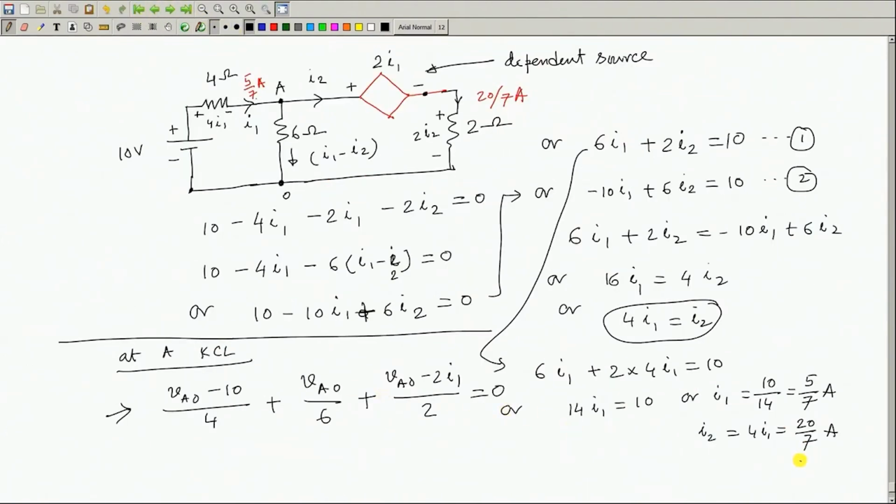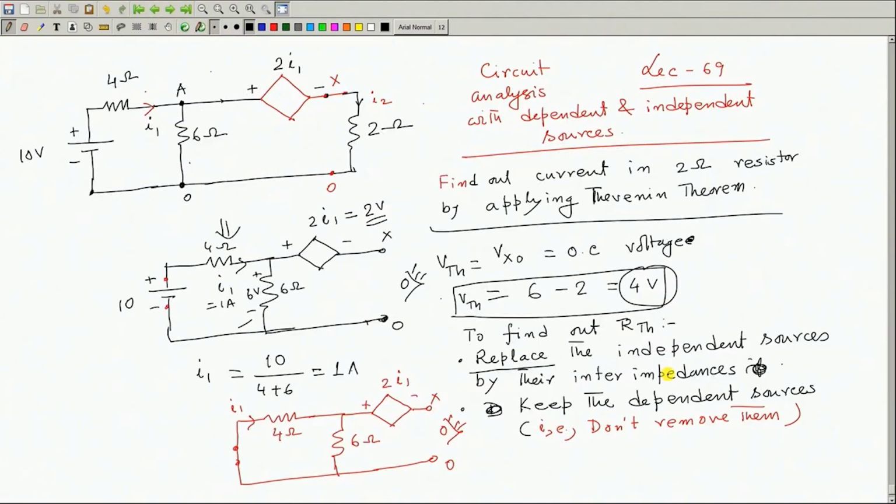We got this current I 2 as 20 by 7. Why 5 by 7? I 2 is this current, na? 20 by 7 or 5 by 7? I 1 is 5 by 7, this current. I 2 was how much?